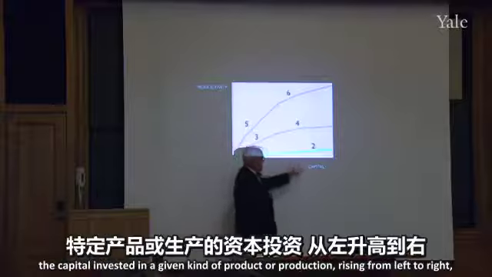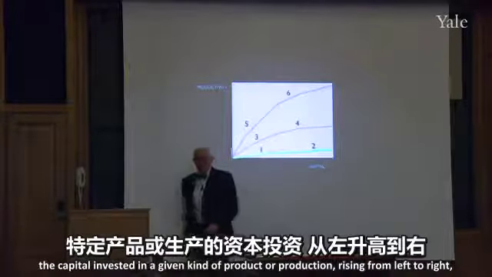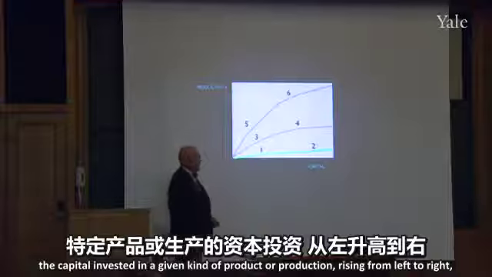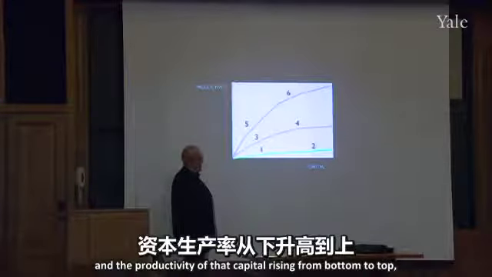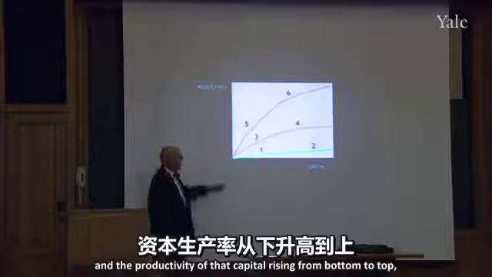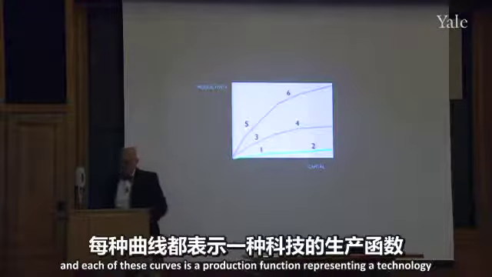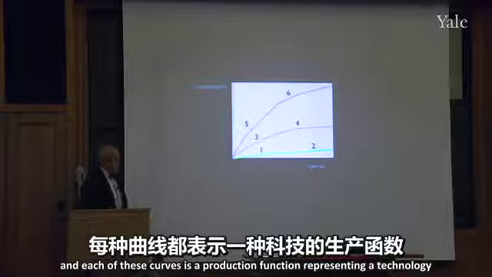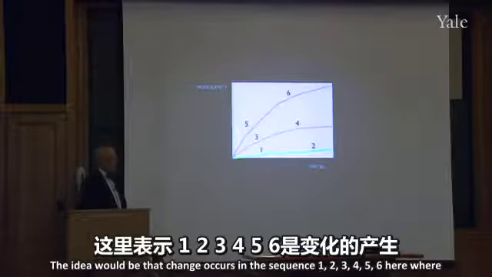We have the capital invested in a given kind of product or production rising from left to right, and the productivity of that capital rising from bottom to top. And each of these curves is a production function representing a technology and a way of organizing people and handling information.